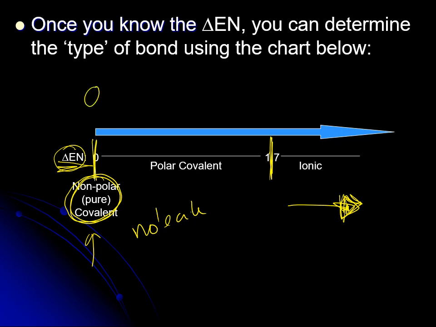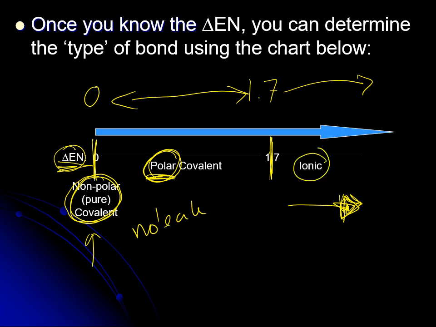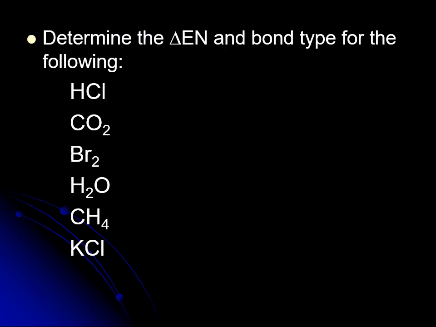If you're somewhere between 0 and 1.7 with your electronegativity difference, they're still going to be classified as sharing, but it's uneven sharing. And when we say it's uneven sharing, one's going to be differently charged than the other, or what we'll talk about is partial charge, and therefore we use the word polar to describe that. If you're over 1.7, one of them is so much more charged than the other, we actually treat them as if they are ions, and in most of the cases they will be.